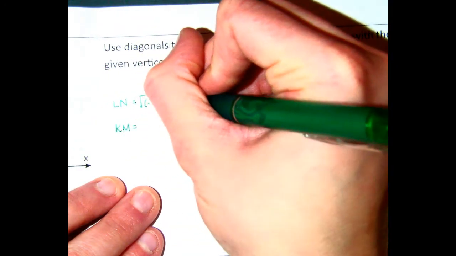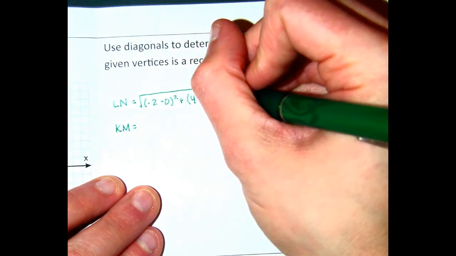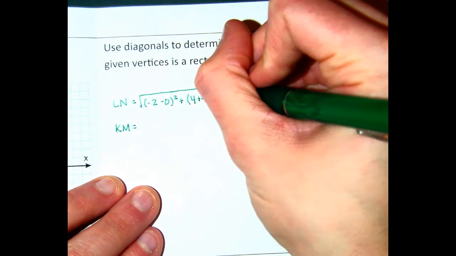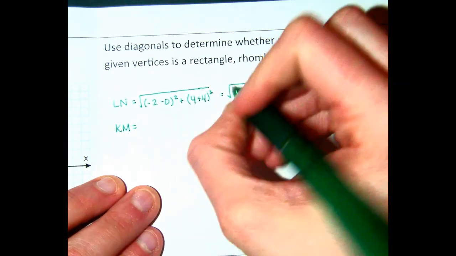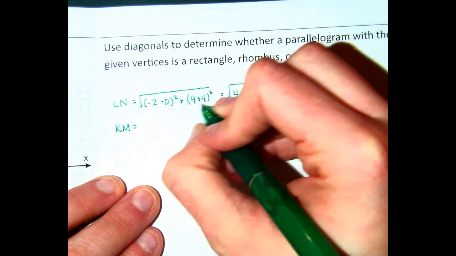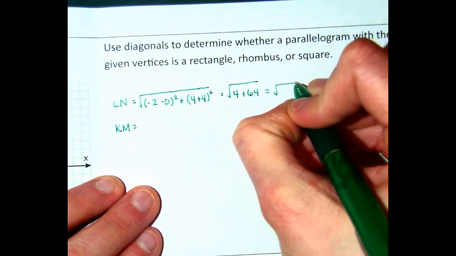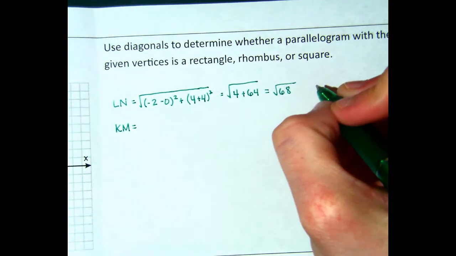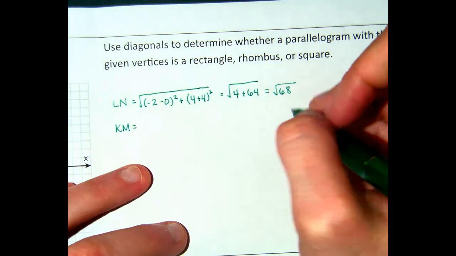Using our distance formula, L to N: -2 minus 0 squared, plus 4 minus -4, or plus 4 squared. This is a -2, and that squared is 4. This is 8, and that squared is 64. So I have the square root of 68. I'm not going to reduce that.